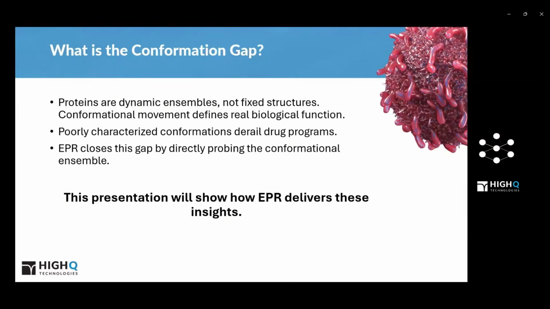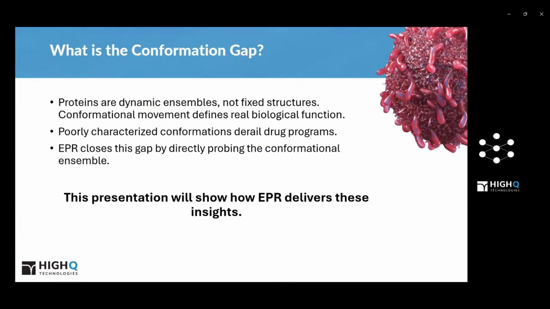Not fully characterized dynamics and conformational ensembles can derail drug programs and drug development farther down the line than necessary, if you have things like off-target interactions or conformational states you weren't aware of that cause problems later on. So what we're proposing is that EPR is a tool to help prevent that, to either help these programs fail faster so there's not the time and money spent on things that aren't going to work, or to give you a better understanding so you don't reach those failure points at all.